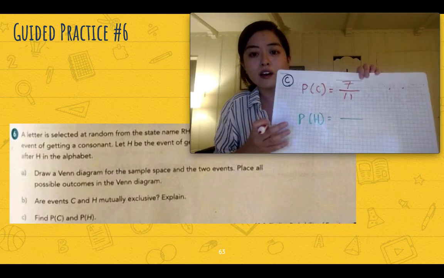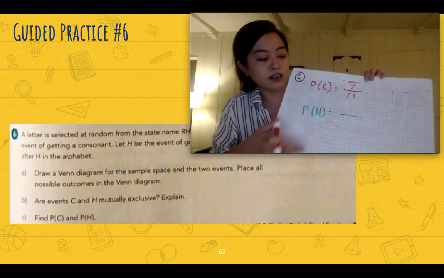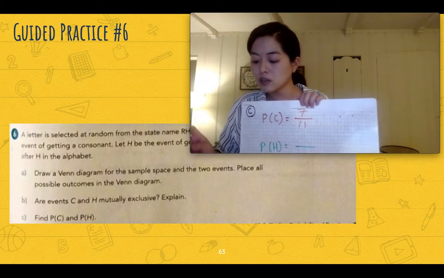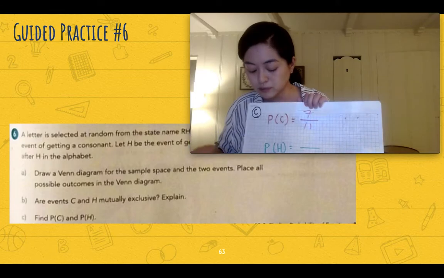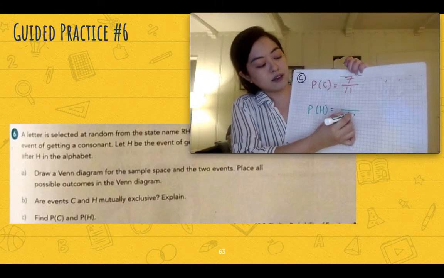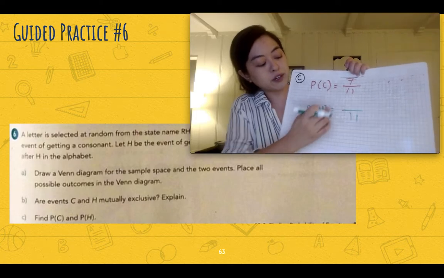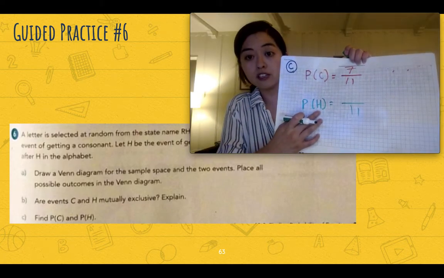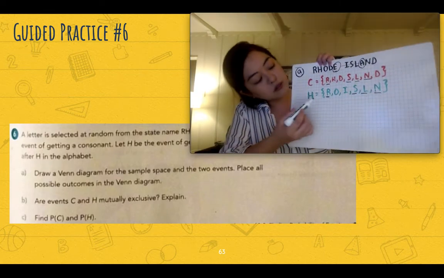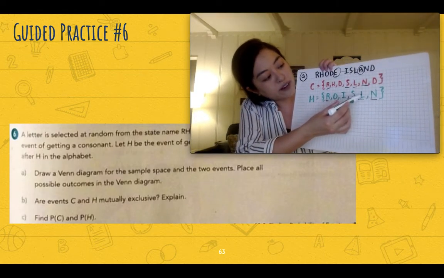Now, the probability of event H is, so my total number of equally possible outcomes in my sample space was 11, so I'm going to write that in my denominator, and my numerator is my outcomes favorable to H. Let's count it. Let's look back here. 1, 2, 3, 4, 5, 6.